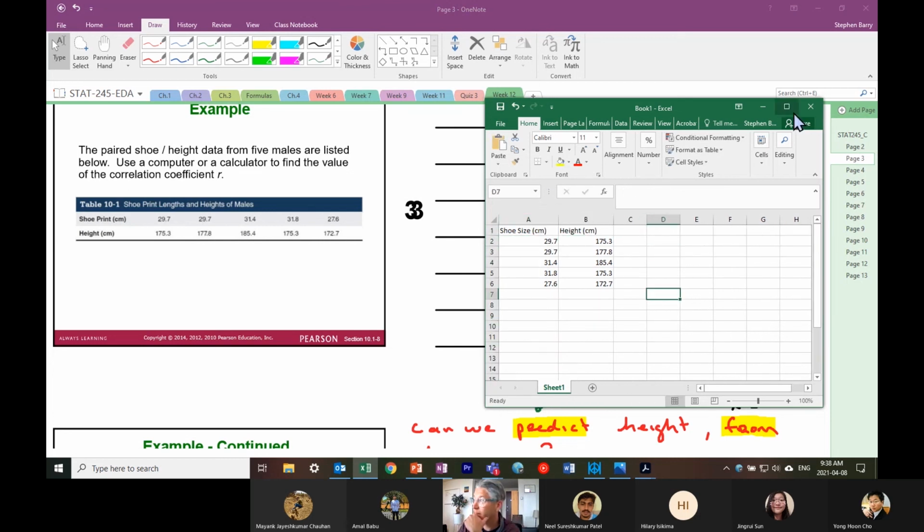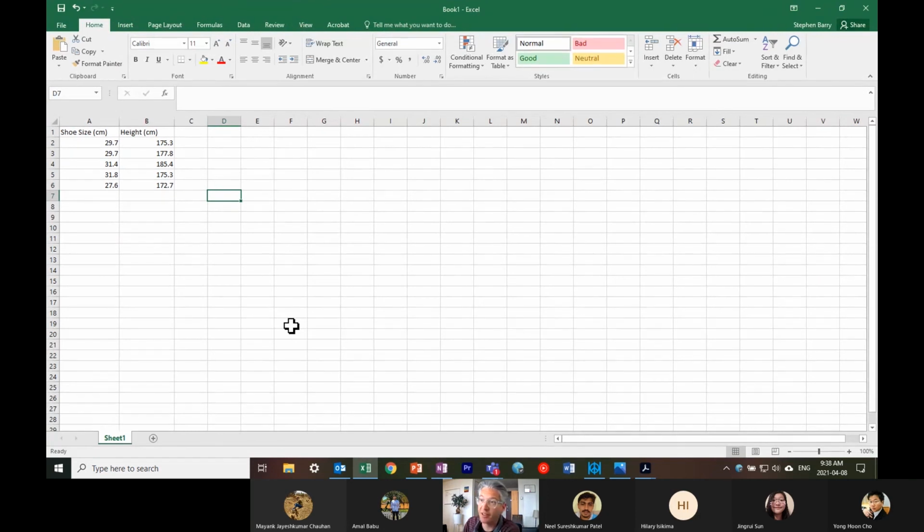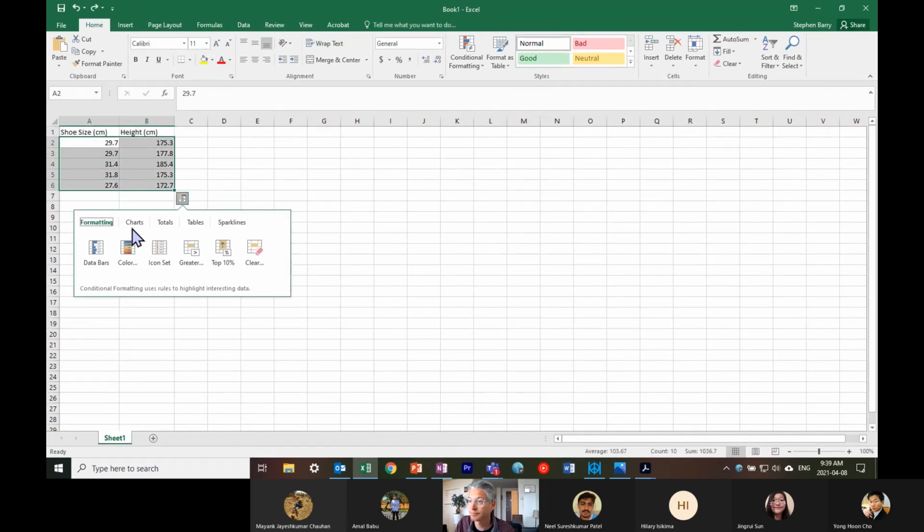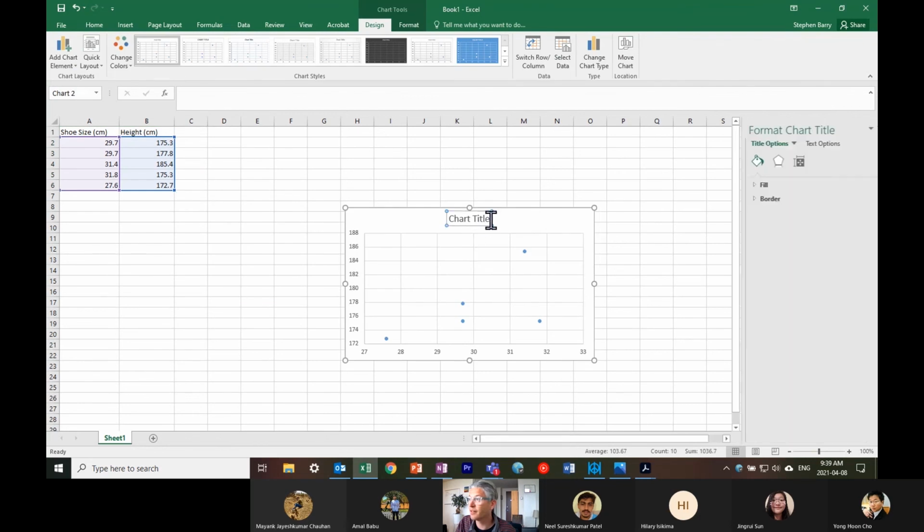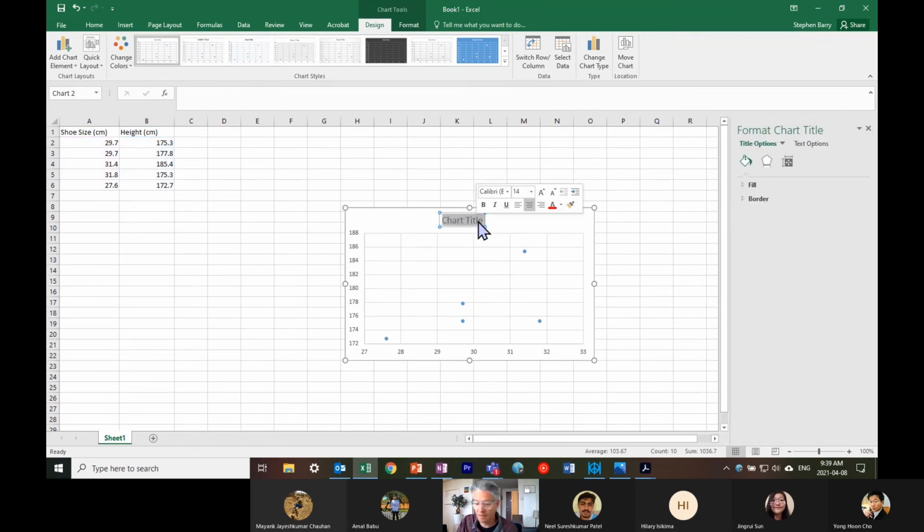So then we have everything we need in order to get started here, right? So you would say, all right, I want to make a graph, right? Height as a function of shoe size.